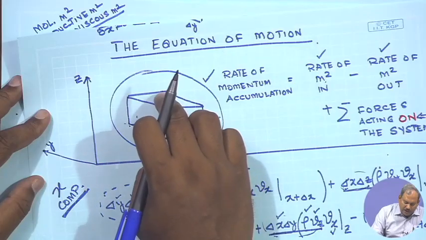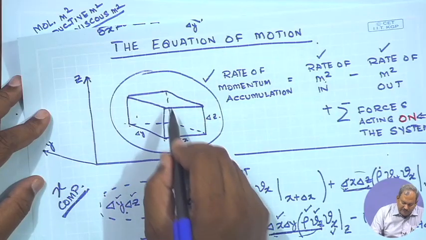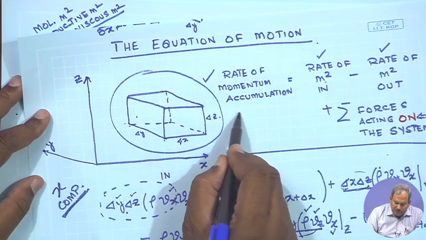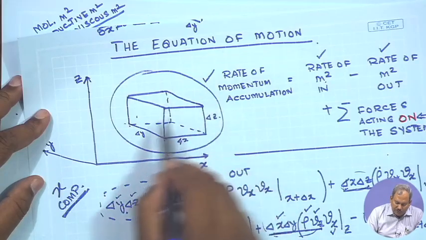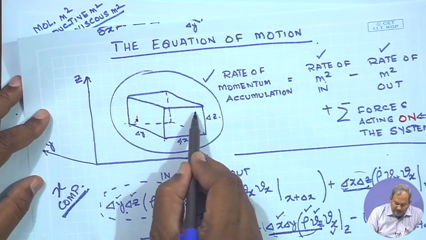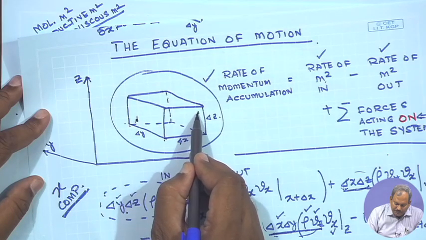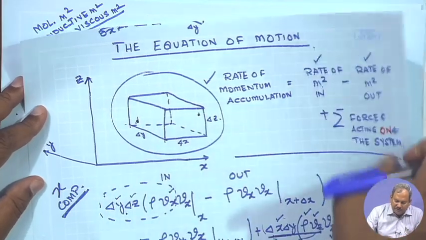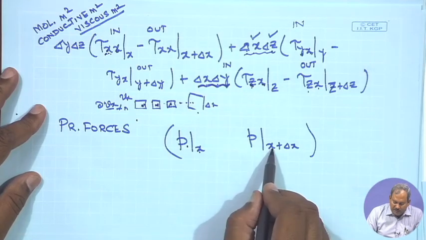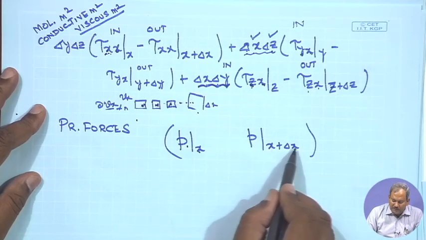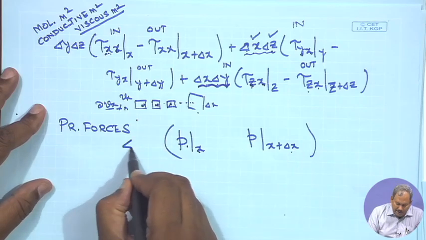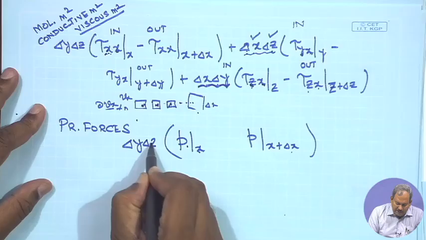The other pressure differences do not contribute to the x component of force. Only the pressure acting on the x face and on the x plus del x face have a contribution in the x direction. So, I need not consider P at y or P at z and P at y plus del y and z plus del z. This is acting on an area equal to del y del z.